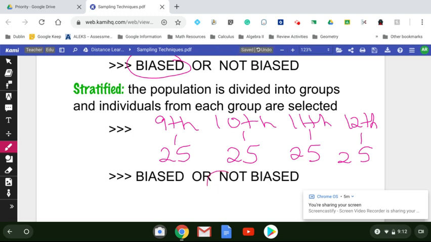This would be a non-biased sampling technique because I have opinions from every grade level, and I can get a true picture of what all 1,300 students would think. Although it would take forever to survey 1,300 students, if I survey 100 students and it's a good sample, then I will be able to accurately predict the opinions of the population.